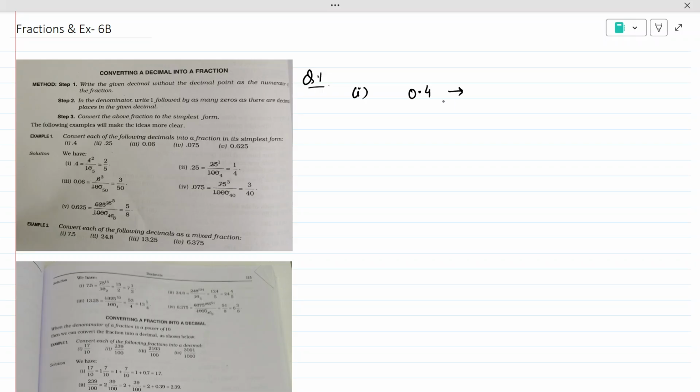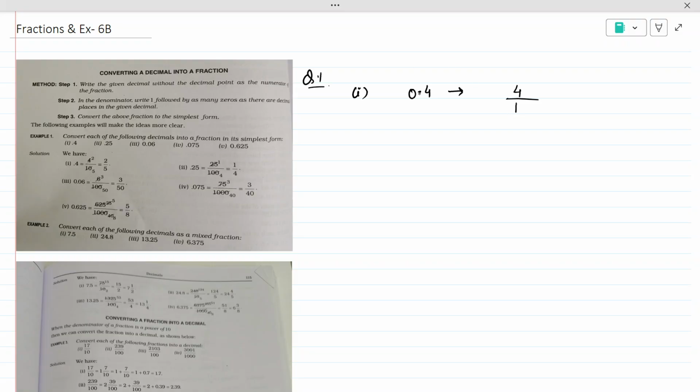Okay, so now we know how we have to do this. First of all, we are going to write the number as is, that is 4, and we have to divide this by 1 followed by the number of zeros equal to the number of places after the decimal.